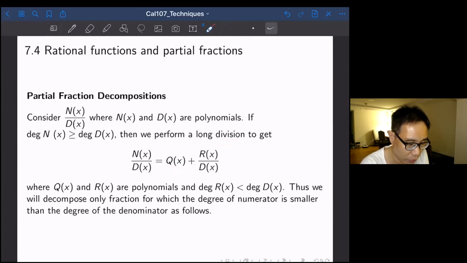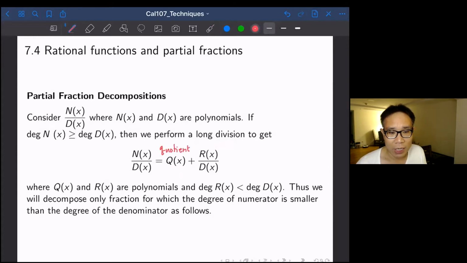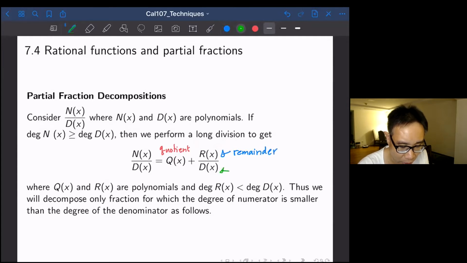This is the quotient plus the remainder over the divisor. This is the remainder, and your d(x) is called the divisor. So this one looks like that.